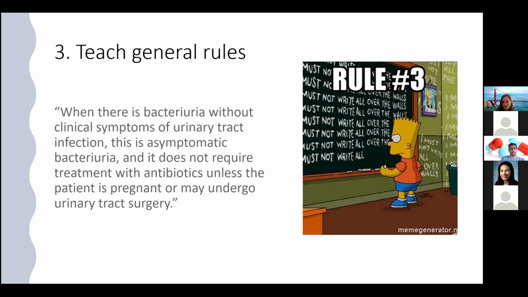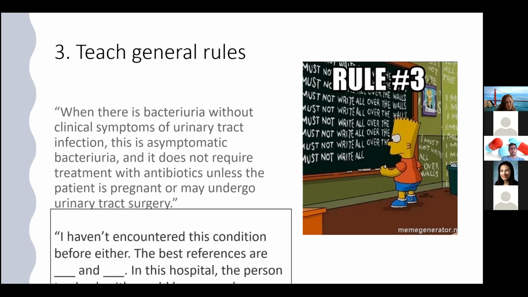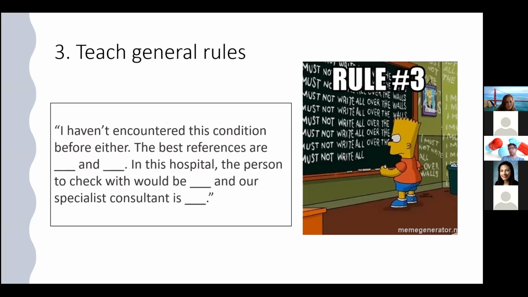So sometimes neither you or the resident know how to answer the case. So what general rule do I teach? Well, in this scenario, you can teach the learner who to go to or where to go. So you can always teach about how to utilize resources to access them, which is why in the original Nahara paper, they have this example that I really like, where you could say, I haven't encountered this condition before.